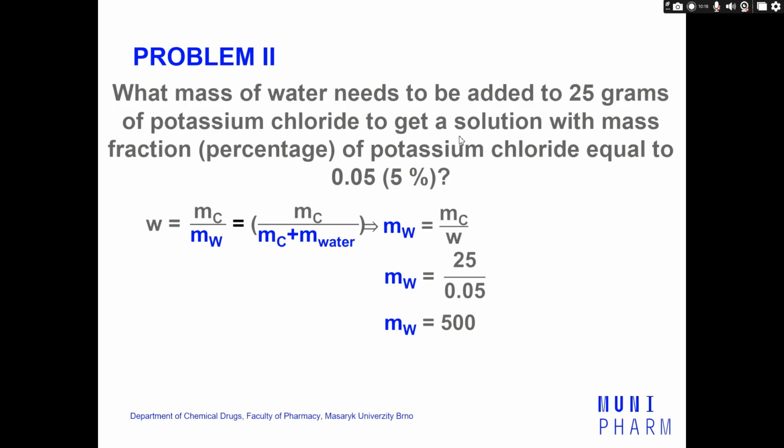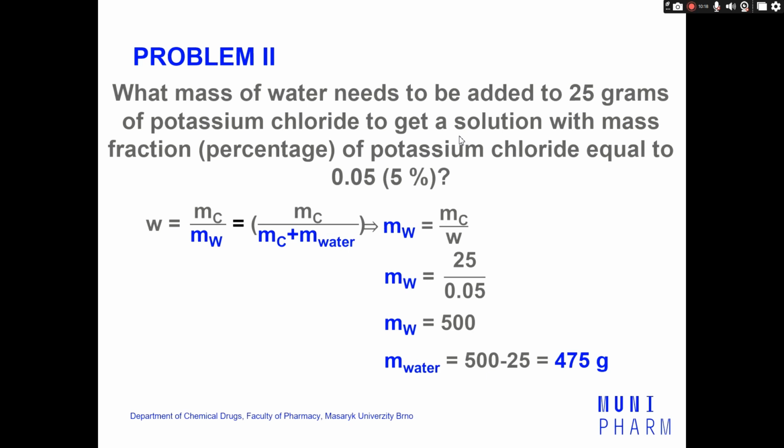As I have said, it is just a partial result. I know that the mass of the water, the unknown which I am actually asked for, is the mass of the whole solution, from which I subtract the mass of potassium chloride that is dissolved in it. The result is 475 grams of water then.